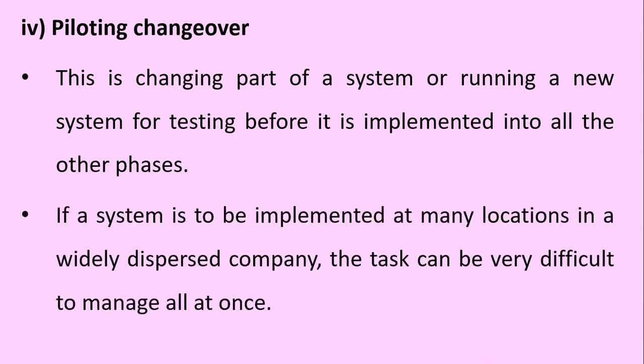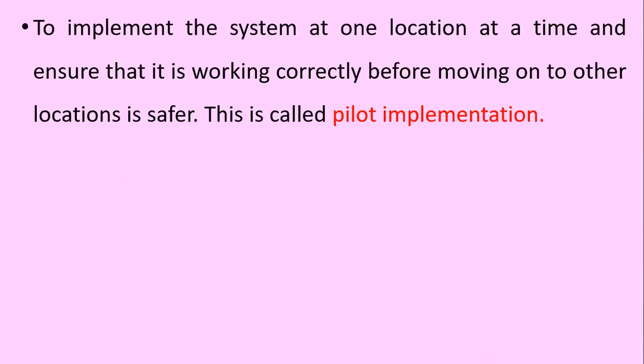If a system is to be implemented at many locations in a widely dispersed company or organization, the task can be very difficult to manage all at once. To implement the system at one location at a time and ensure that it is working correctly before moving on to other locations is usually a safe way. And this is called pilot implementation.